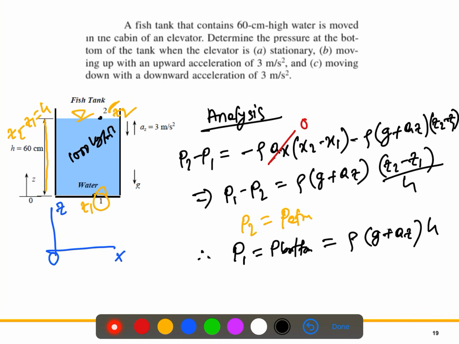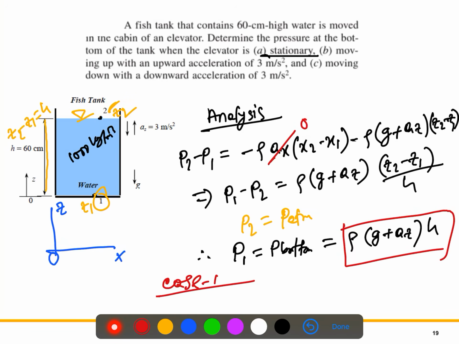The first case is when the elevator is stationary. So look, we are going to use this formula for all 3 cases for the pressure at the bottom point. So now the first case, case 1, when it is stationary. The tank is stationary.